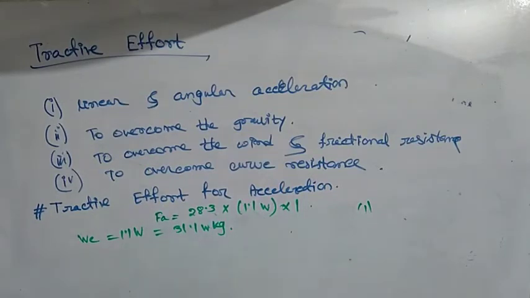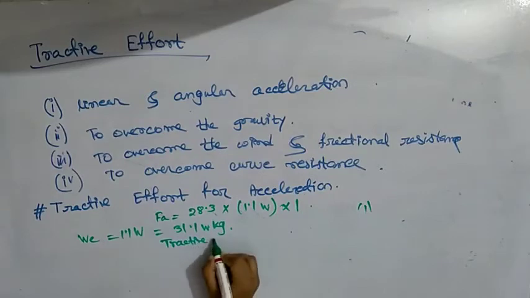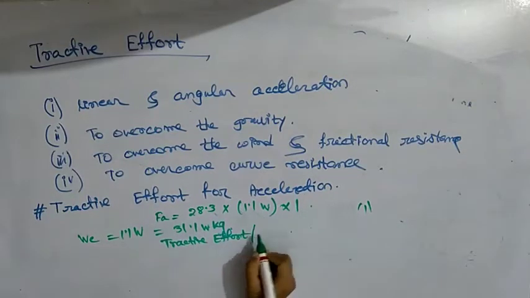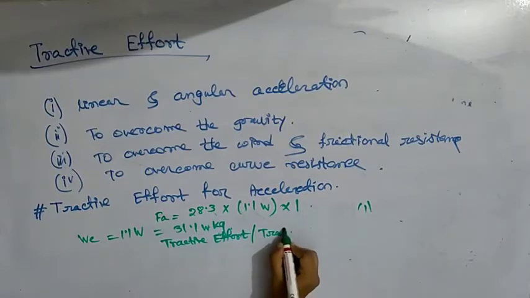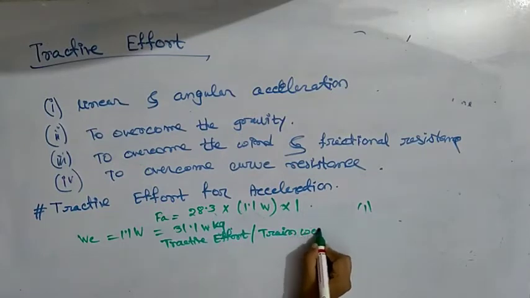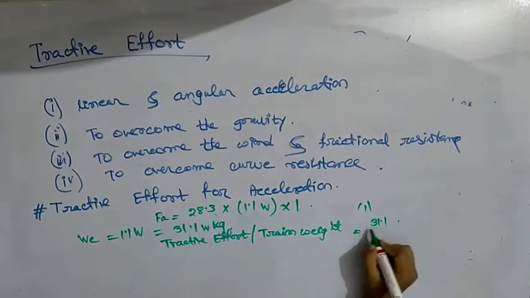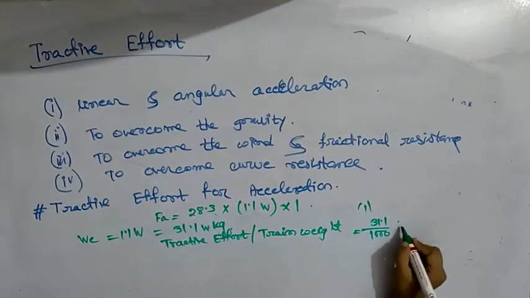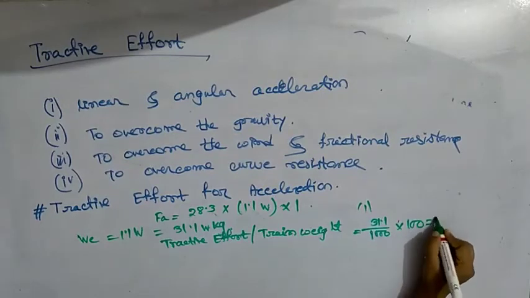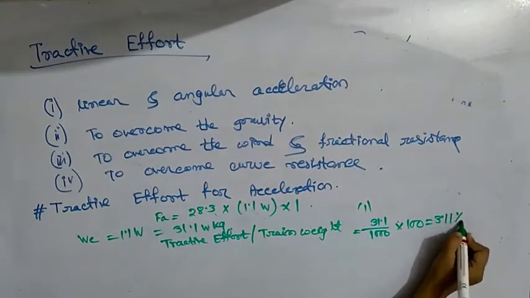Now tractive effort by train weight is equal to 31.1 by 1000 into 100, that is equal to 3.11%.